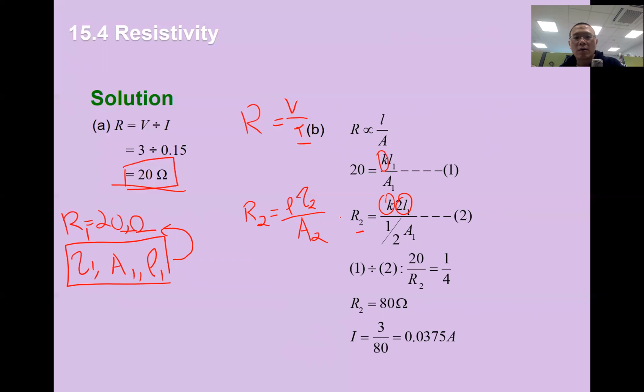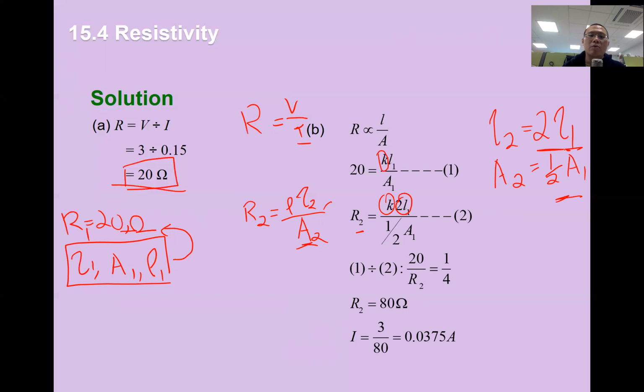L2 is 2 times L1, because the question said the length has doubled, so L2 is double L1, and I just replace it with L1. For the area, the question mentions the cable A2: the area is half of A1. Length is twice L1.